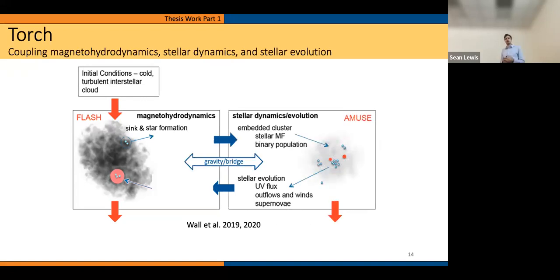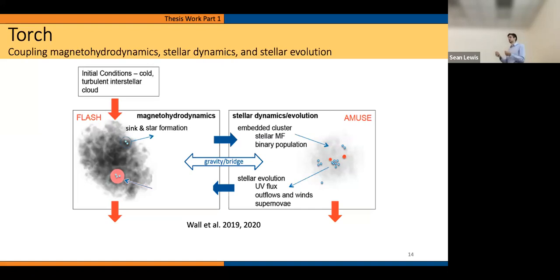And so then once we are forming our stars, we need a way to model those stars. We were just looking at the gas, FLASH. The other piece of TORCH, my numerical model that I use, is AMUSE. And so AMUSE does a couple of things. First off, it establishes this interface between these two codes. So we'll see in a second, there's communication that's needed to take place between the gas and the stars. AMUSE also models dynamically the behavior of the stars.